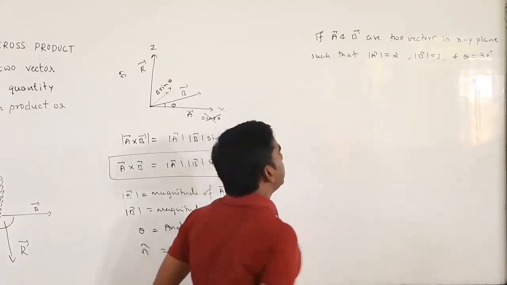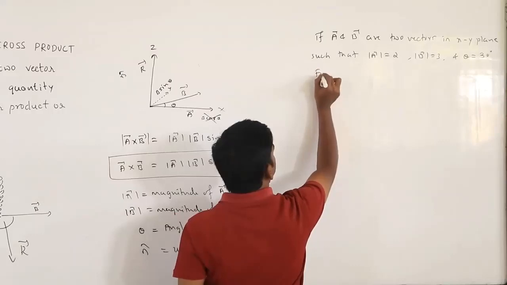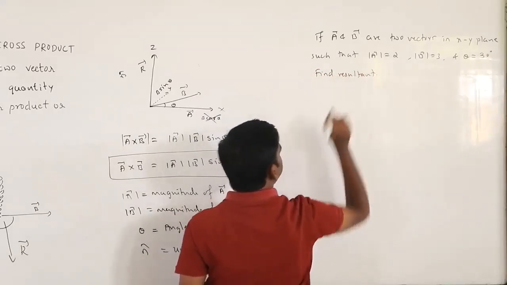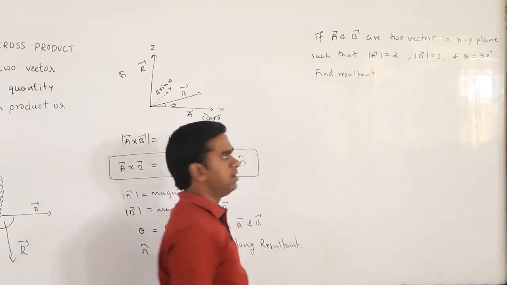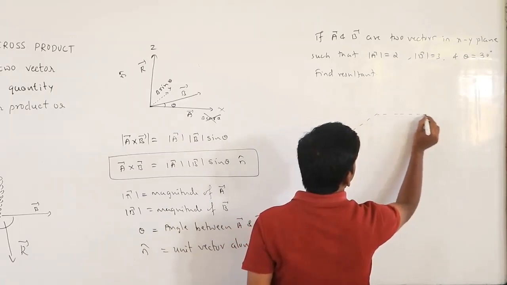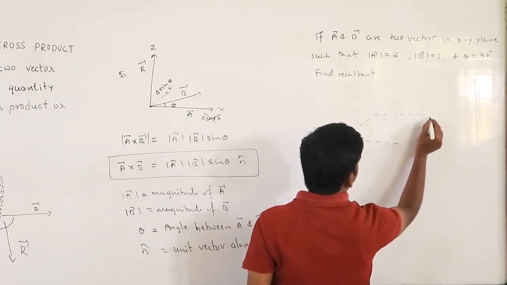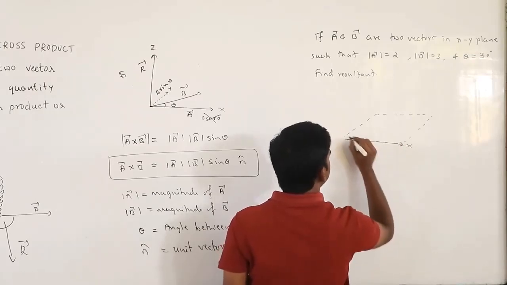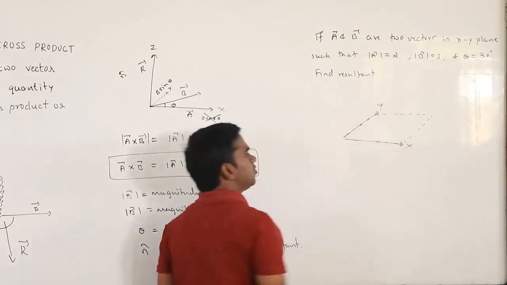So find the result. Okay, so they are in the xy plane. A and B are in the xy plane. So I will take the xy plane over here. Okay, so this is x, this is y, this is the xy plane.